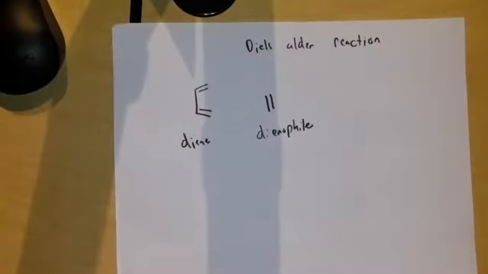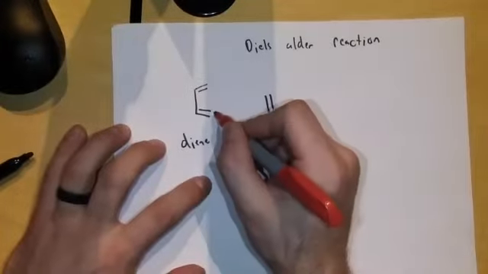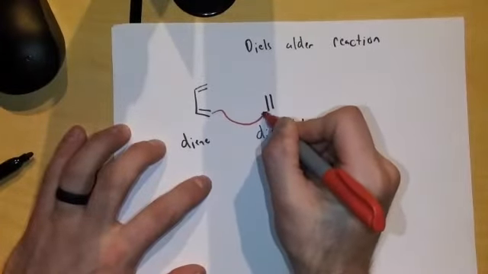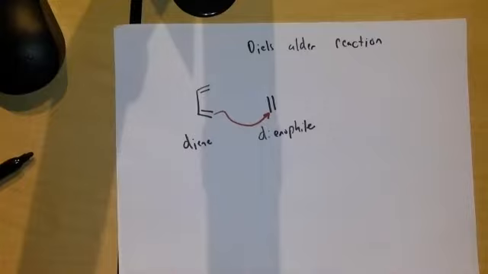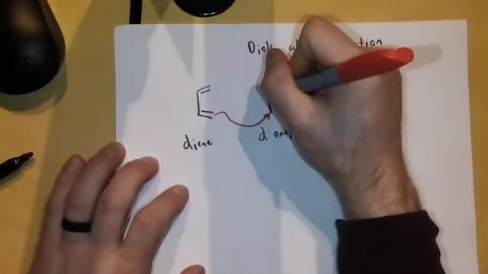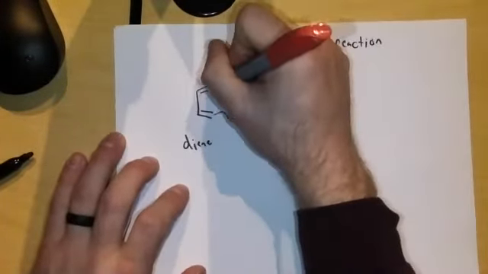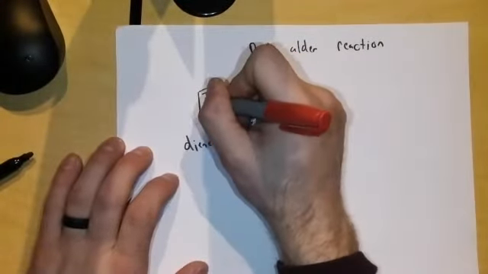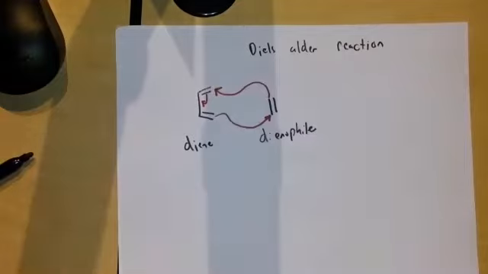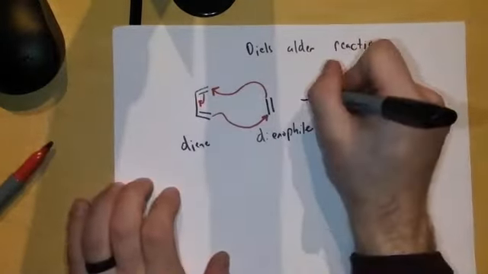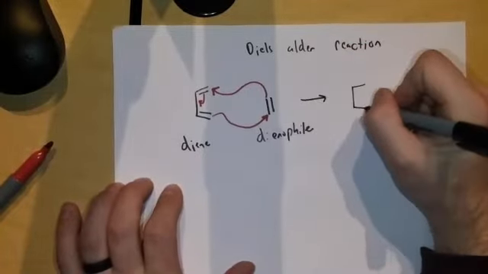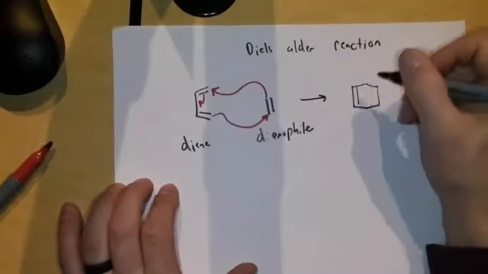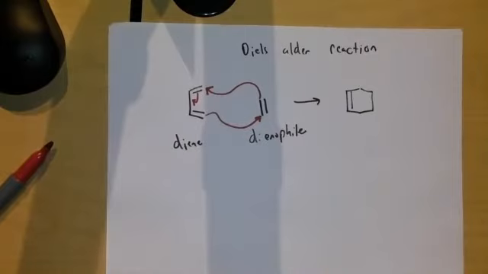When you add these two into solution together, your diene attacks this dienophile. The dienophile then will come attack your diene. You're going to form a ring. It's going to kick this last double bond down, and gives you something like this.